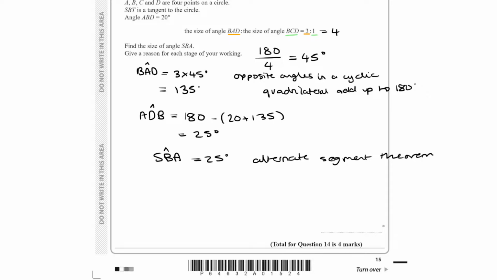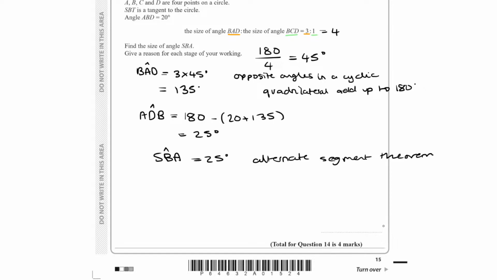You get a mark for sharing out the ratio. That's 1 mark. They've given multiple options for the second mark, so you might have done a mark for 45 degrees, as long as you've got 2 lines of working out.